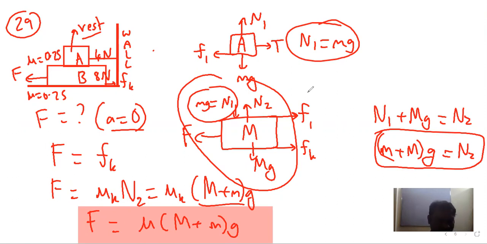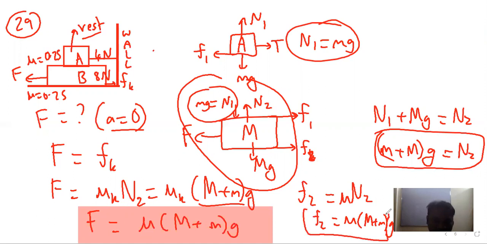So in that case, we can say friction F2 on the lower block will come out to be mu N2, which is nothing but mu into (M plus m) into g. So this is the value of the friction force on the lower block, between ground and lower block. That is how we solve the friction. And friction F1 here will be mu N1.